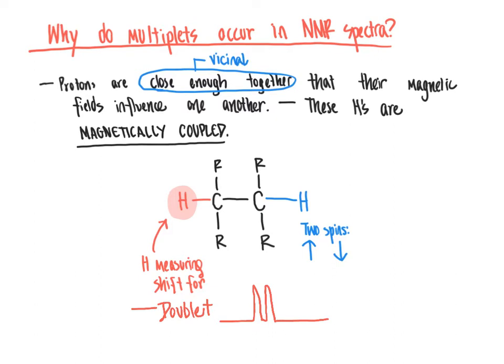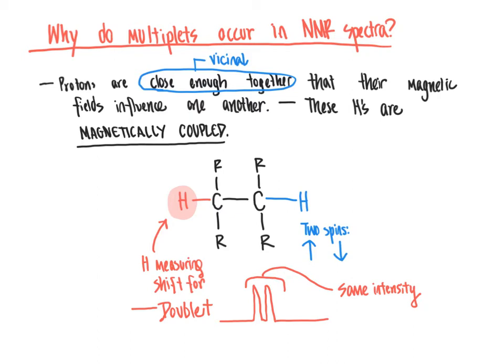And those two closely spaced signals would have the same intensity, meaning that each of those two peaks are approximately the same height, because this proton is equally prone to being subjected to each of the two spin states of the proton on the adjacent carbon atom, giving these two peaks, the two spin states.